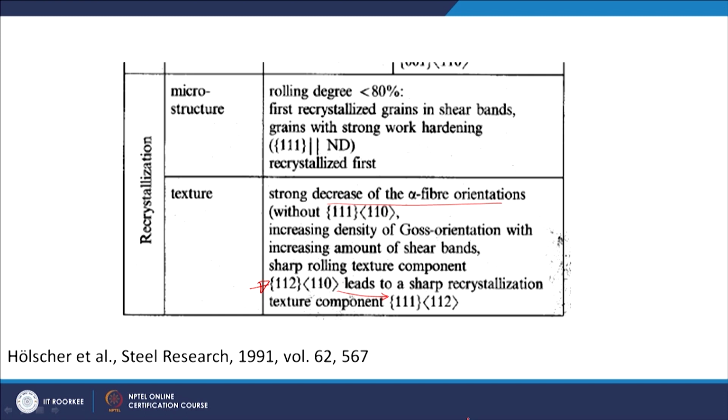So, these are the different types of texture which will develop due to different types of processing. Okay. So, you can do hot rolling, then you will have certain texture components. You can do cold rolling, okay, again you will have certain ones, and in that case we also call it deformation texture. And after cold rolling you can do a recrystallization process, then you will have the effect of these texture components which were generated during rolling onto the recrystallization texture components.